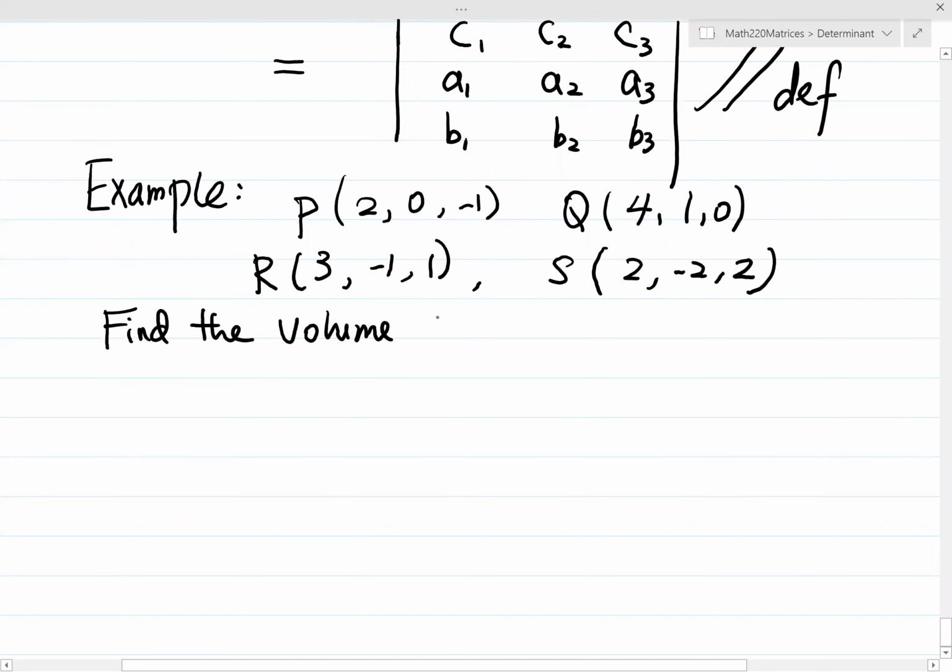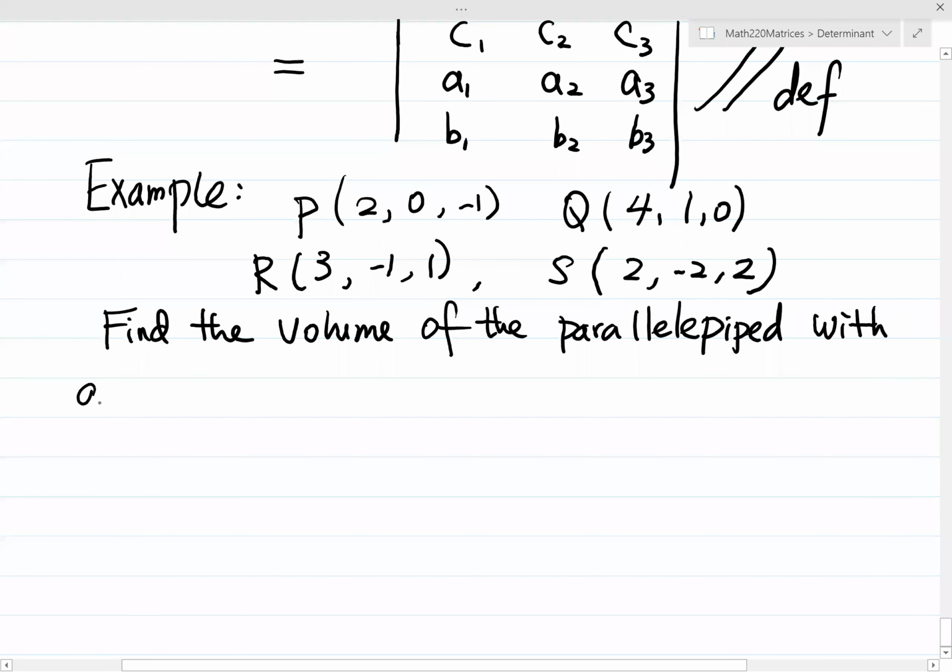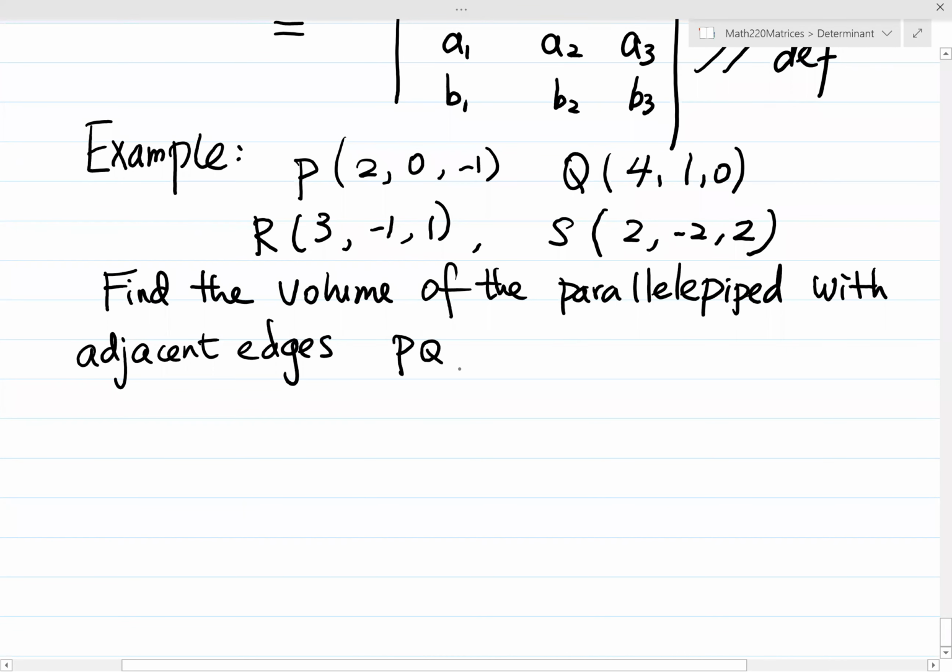The volume of the parallelepiped with the three adjacent edges, three adjacent edges PQ, PR, PS.